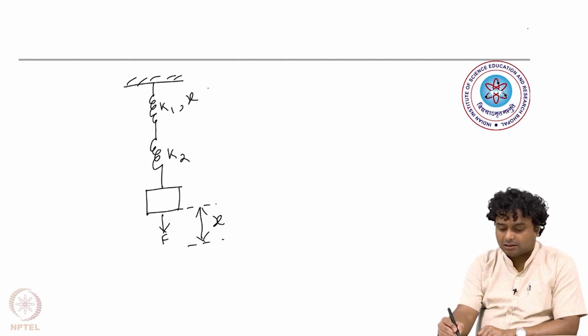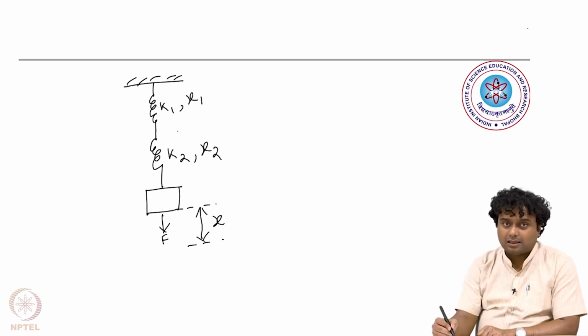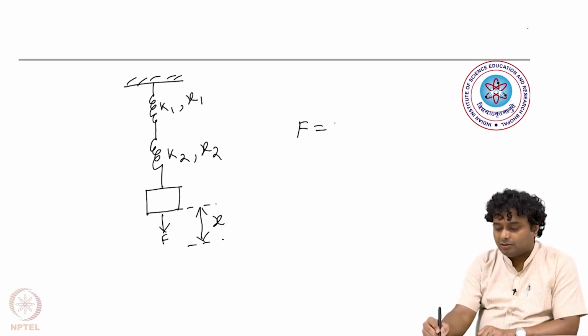So, let us assume that K1 will deflect by x1 and K2 will deflect by x2. The force for both the cases is the same because they are in series. So, we can write that F is equal to K1 x1 and F is equal to K2 x2.